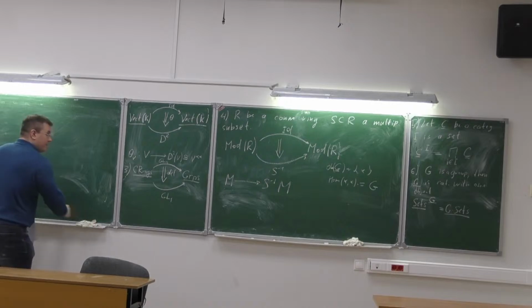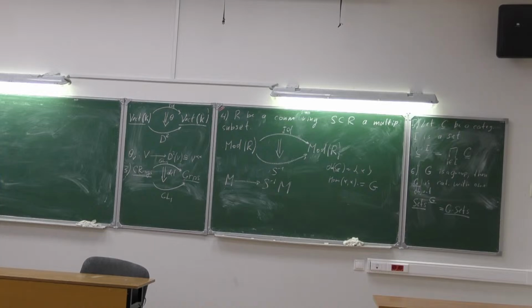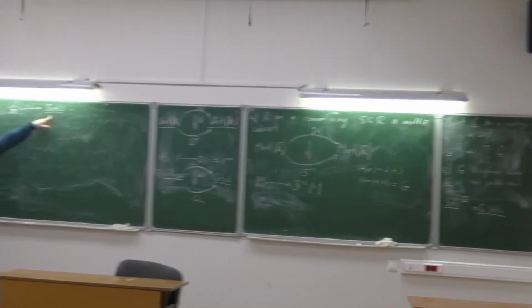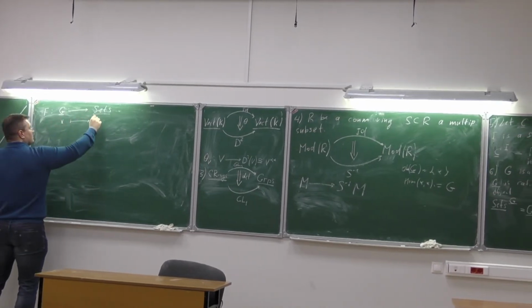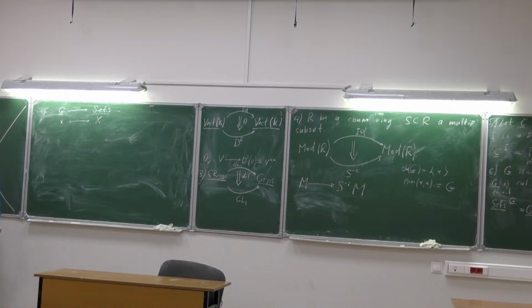As I mentioned, in the category G underlined there is only one object. If you want to specify a functor F from G to the sets, you need to say where objects in this category go, as an object in the sets. But since you have only one object, it's very easy. This object star goes to some set X, any set that you can choose. But then we also have a map on the Hom sets.